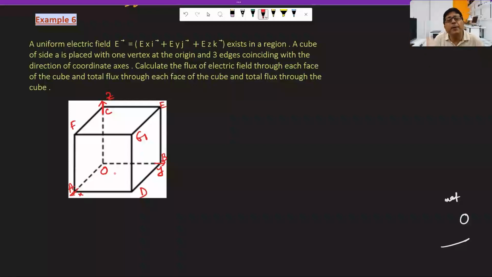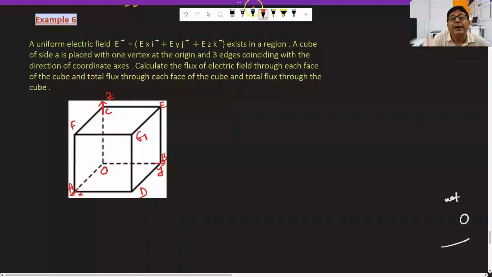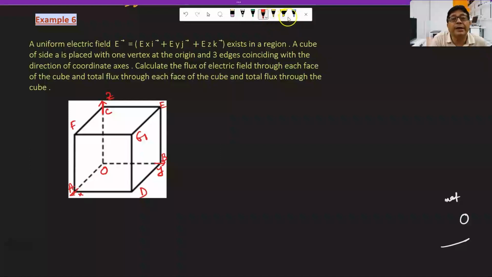Very easy. If you have understood our previous sums, then you can do it yourself. So how many faces are there? 6 faces are there. Let me start by considering this one first, that is the face along the y-axis. Along the y-axis there are two faces. One is OAFC. So phi in going to be what?